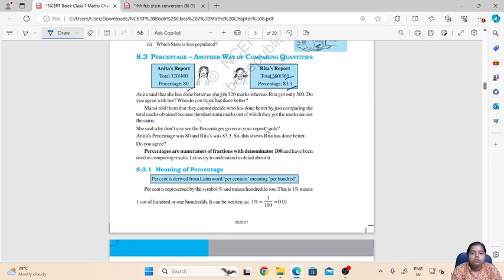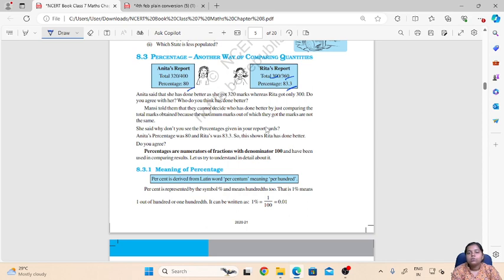Now Anita is saying that she has done better than Rita, because she got 320 marks whereas Rita got only 300 marks. What do you think? Do you agree with Anita that she has done better than Rita?